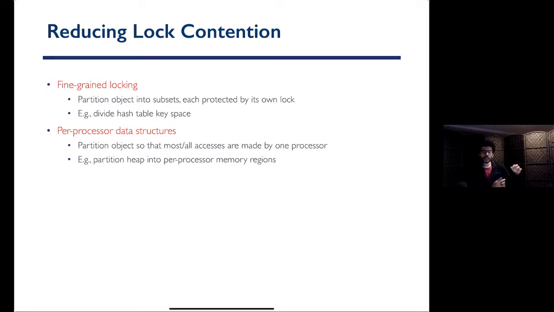Because when you're implementing alloc, in lab 1 you implemented alloc, but then you had a uniprocessor, so there was only one thread calling alloc. Now assume that you have a multiprocessor and different threads could call alloc.